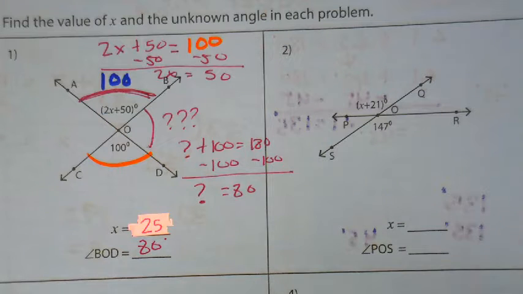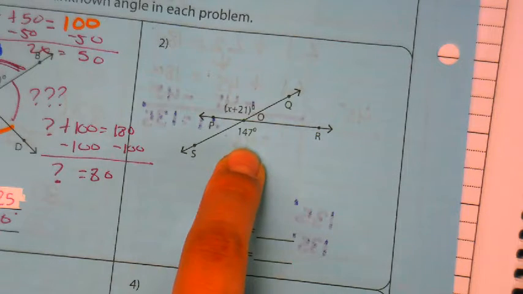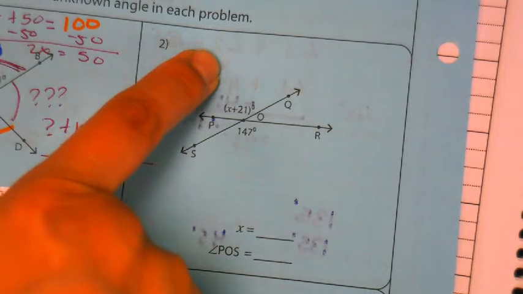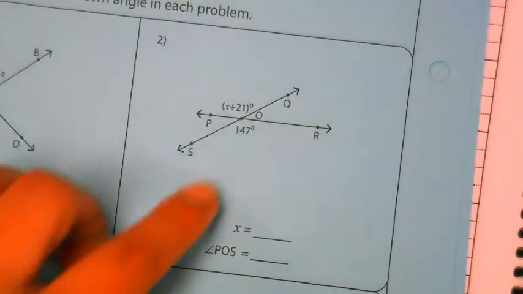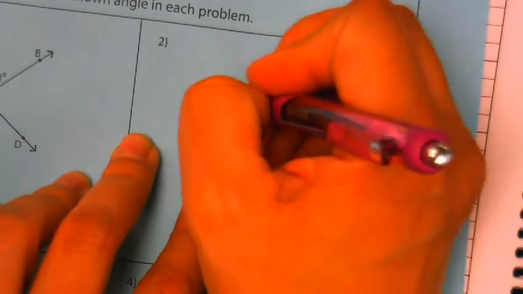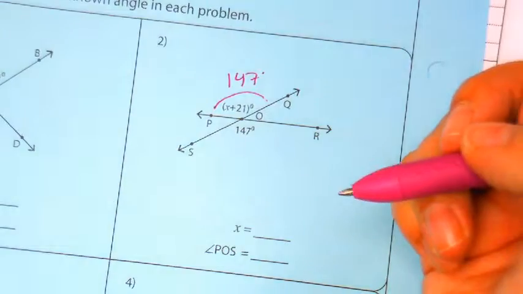All right, number 2. If this is 147, this angle, what is this angle equal to? 147. I'm going to switch papers because it's bleeding. So that means that this angle right here is 147 because they're equal to each other, right? Okay, now solve for x.